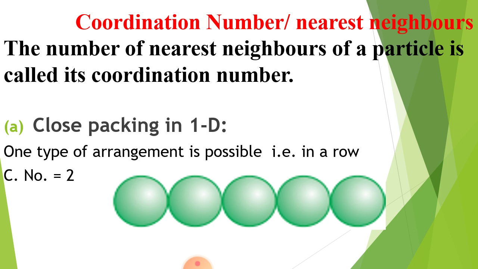Now we have to focus on coordination number. This is also known as nearest neighbors. It may be defined as the number of nearest neighbors of a particle is called its coordination number.